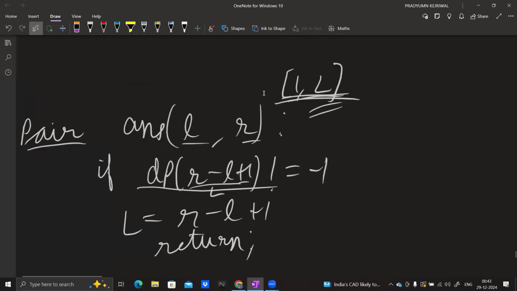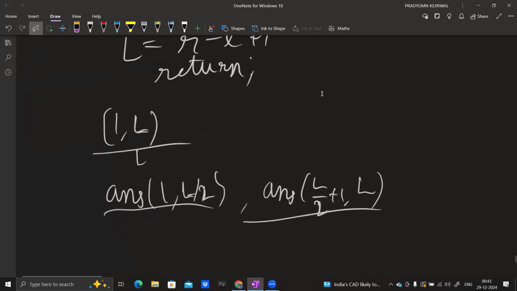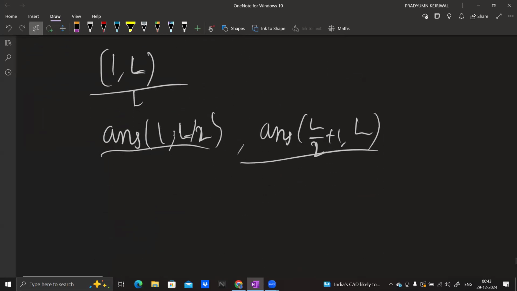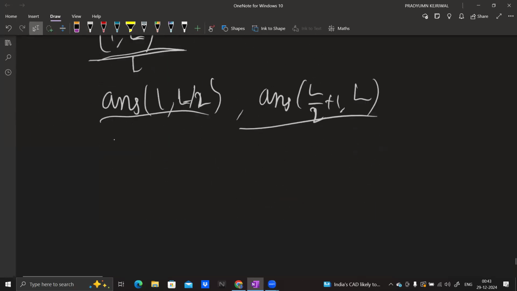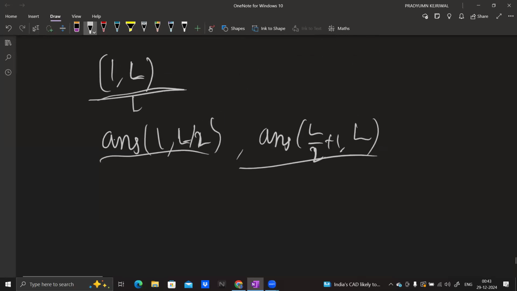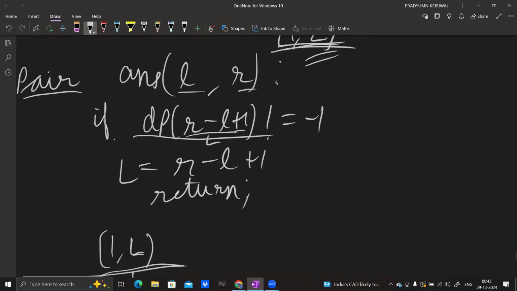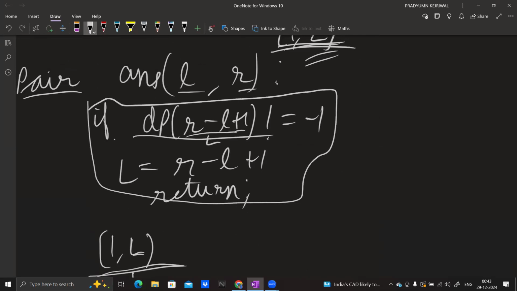But if it is not available, then I'll call the answer function for 1 comma L by 2 and L by 2 plus 1 comma L. Using these two answers, I'll calculate 1 comma L and store it in dp of L. Now I have dp of L, so using that, I'll calculate the answer for L comma R.